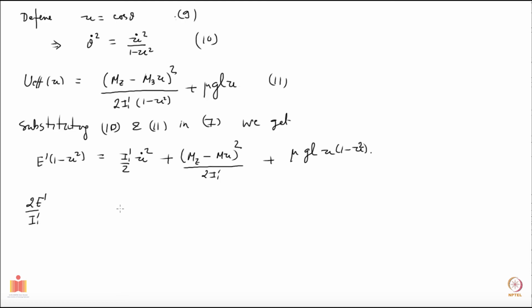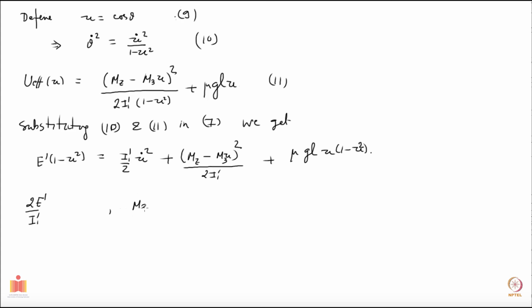Then this one will become 1. When I multiply this entire equation by 2 to get rid of this, there will be a 2 here which will cancel this 2. And then you have I1 prime divided here. So that will make I1 prime square, and it will be dividing mz over I1 prime and m3 over I1 prime.